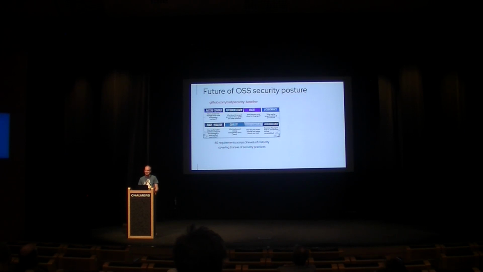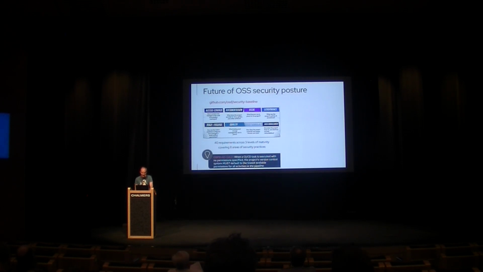Security Baseline is about the overall good practices of the project. It's called Security Baseline, but it also contains legal, governance, quality, build and release, and other standardized requirements. There are currently 40 requirements across 3 levels of maturity. It could also be used as a benchmark along with being a framework, covering 8 areas of security practices.